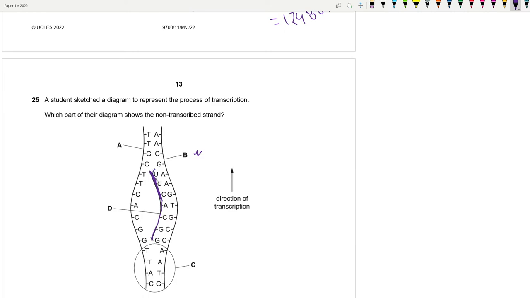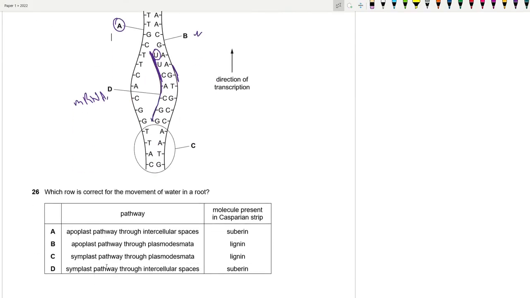This can be clearly seen by the presence of uracil. So this is being transcribed. D is basically the mRNA, C is the transcription bubble, and A is the non-transcribed strand. So A is the correct answer. Which row is correct for the enzyme required here? RNA polymerase. Which row is correct for the movement of water in a root?